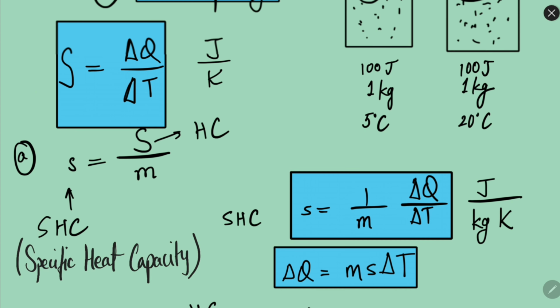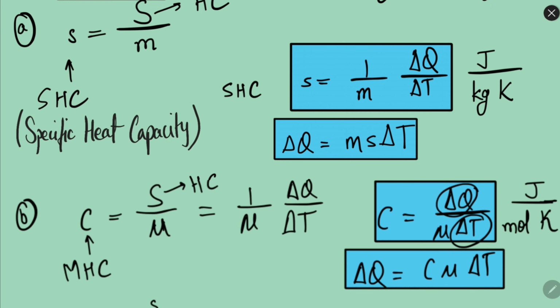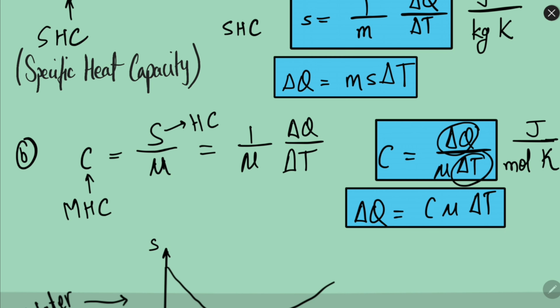Now similarly, just like specific heat capacity, we have another capacity called molar heat capacity. So what is molar heat capacity? Molar heat capacity is the heat capacity per unit mole.